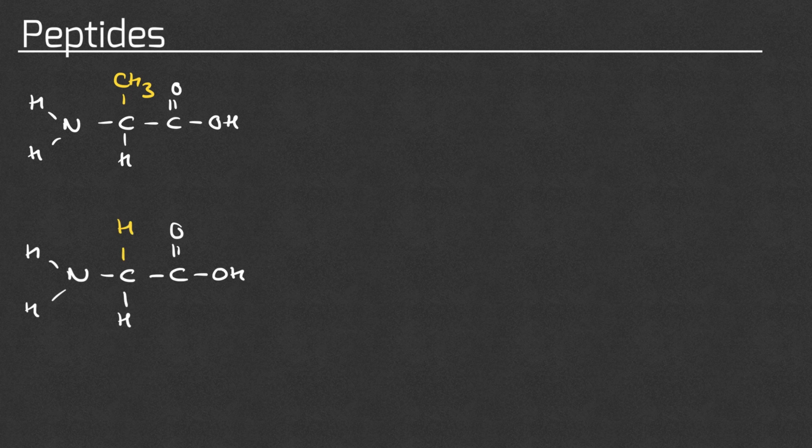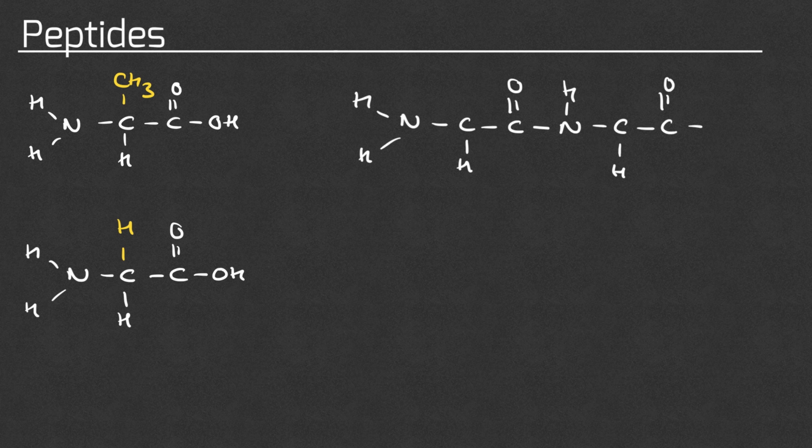And our second amino acid has got a hydrogen as its R group. We could join both of these molecules together to form this dipeptide. We've essentially joined the molecule below to the right hand side of our first molecule, so we could join them together like this.